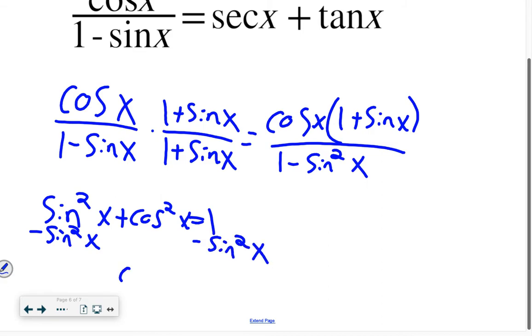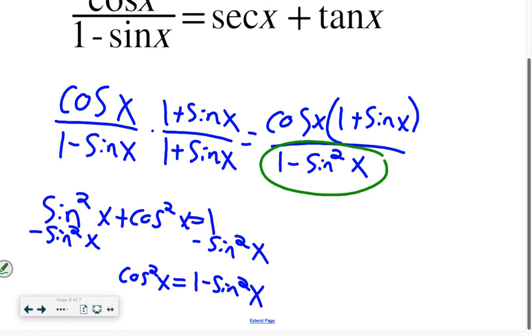So it equals cosine squared of x, and that equals 1 minus sine squared of x. Oh, look. We have 1 minus sine squared of x over here, and we know that equals cosine squared of x, right? So if you don't mind, pause the video because I'm going to erase this work down below.